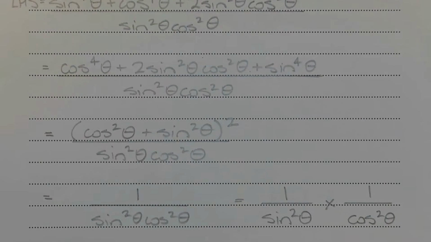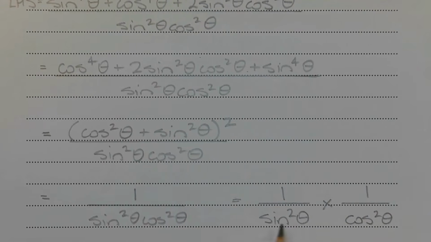Now recall the Pythagorean trigonometric identity, cos squared theta plus sine squared theta is equal to 1. So the numerator becomes 1 squared, which is equal to 1, and I've written that here. And that's over sine squared theta cos squared theta, which is equal to 1 over sine squared theta times 1 over cos squared theta.